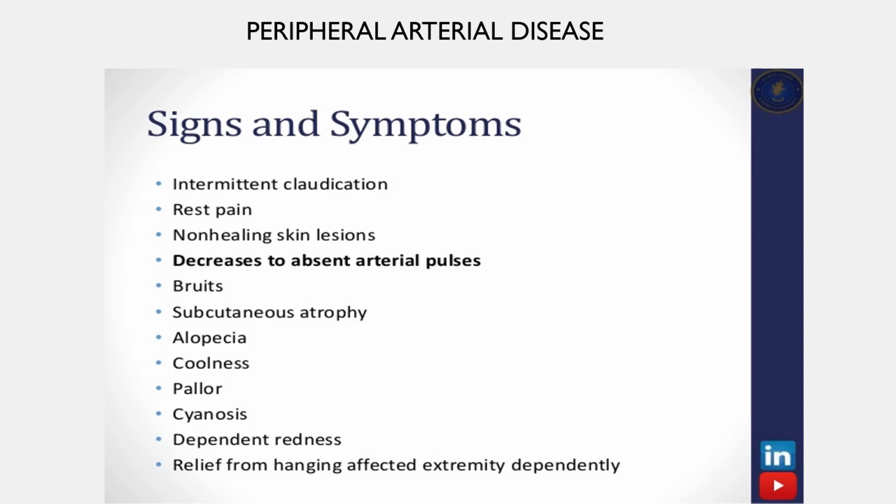Okay? Dependent redness means that when someone's lying on a stretcher and they hang the leg over the end of the stretcher, the leg suddenly turns much more red. And that's an indication that gravity is now helping blood flow down the leg. So it's now red again.